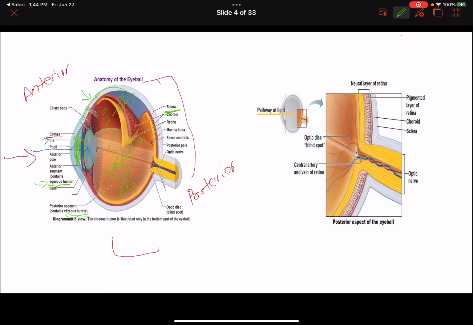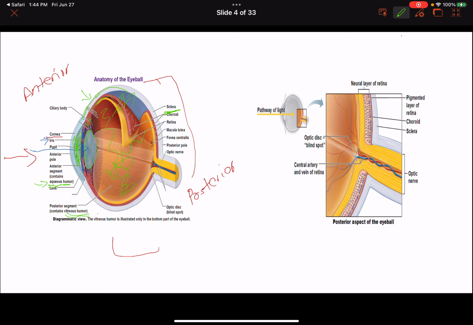So now you have an anterior segment and a posterior segment. The anterior segment contains aqueous humor, and the posterior segment contains vitreous humor. Any questions? Just pause it and look at that. Then this is the ciliary body over here.